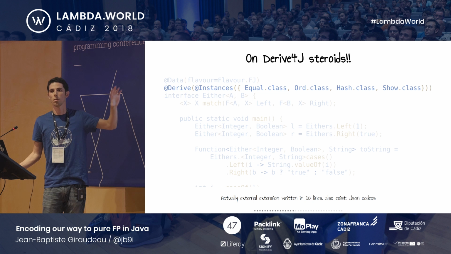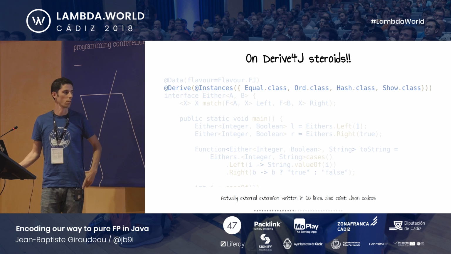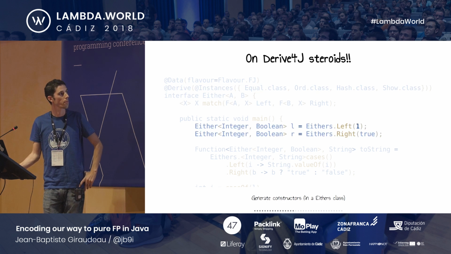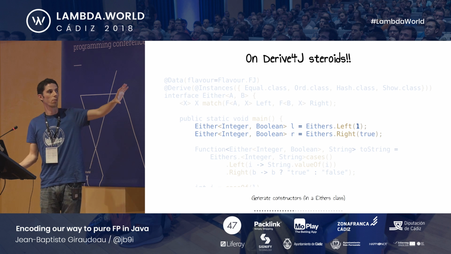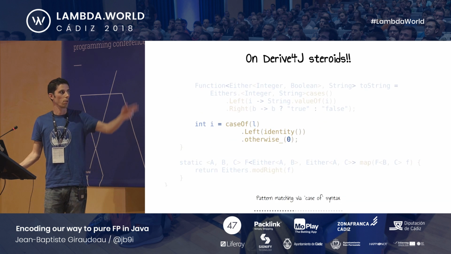In fact, it's not derive4j per se, but an extension. You can write your own type class derivation. It's only about 10 lines. So it has been done for JSON codecs, for example. And it's compile time, type safe. It generates the constructors. You don't have to do it. It generates also a pattern matching fluent syntax.